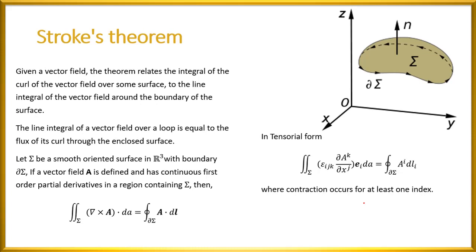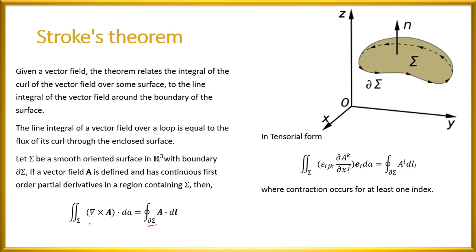Sigma is a smooth oriented surface in real space of dimension 3, and its boundary is taken to be delta sigma. If A is a vector field which is defined and has continuous first order partial derivatives, then using Stokes theorem, I can write that the surface integral of del cross A dot dA will be equal to the closed line integral of A dot dl along the contour delta sigma.